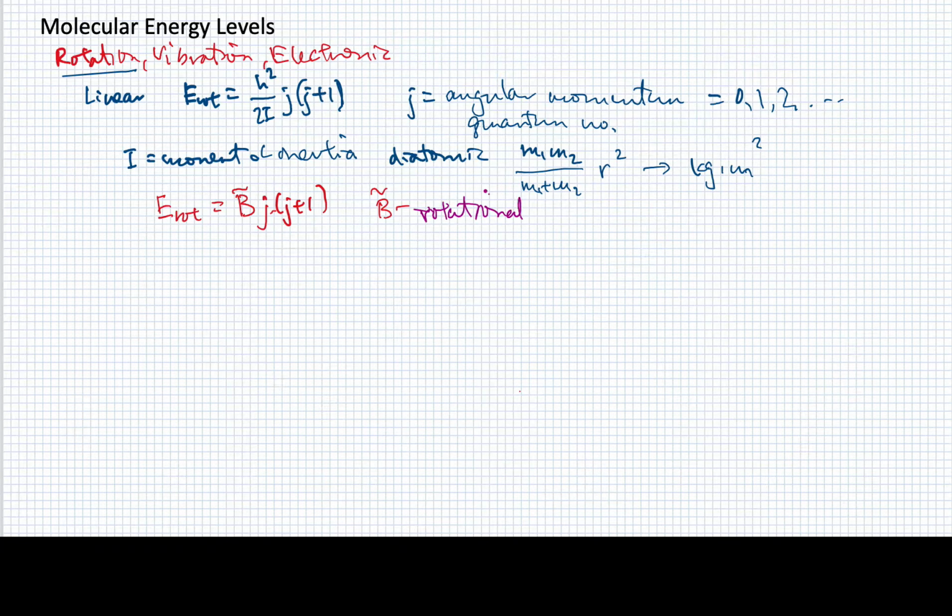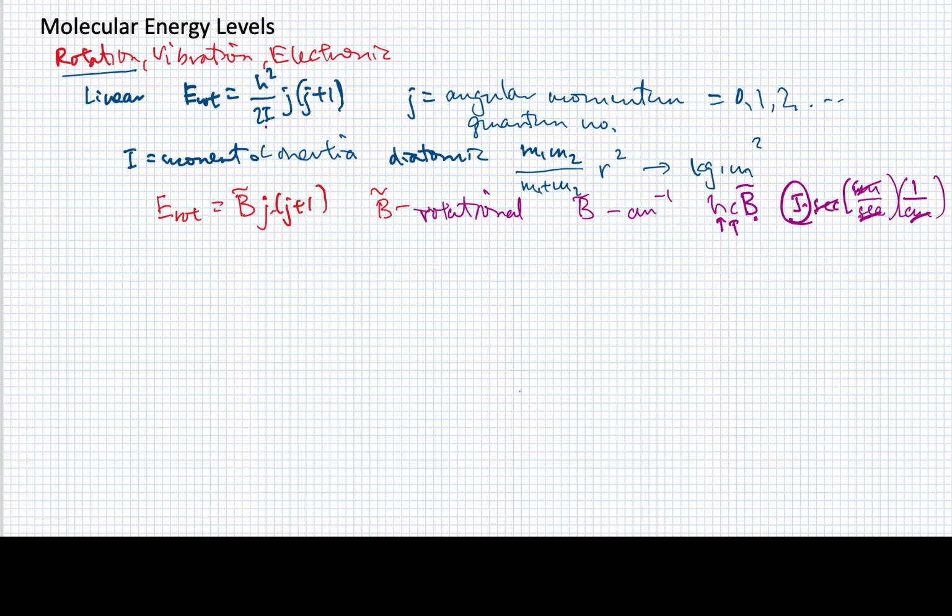So remember, speed of light is going to be in something like meters per second or centimeters per second. So if we have h in joule seconds and speed of light in, I'll say, centimeters per second, and B is in units of 1 over centimeters, you can see that the centimeters will cancel, the seconds will cancel, and we'll have something that's in units of joules.